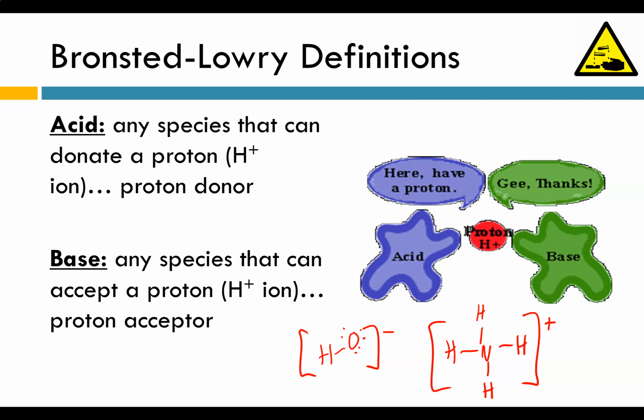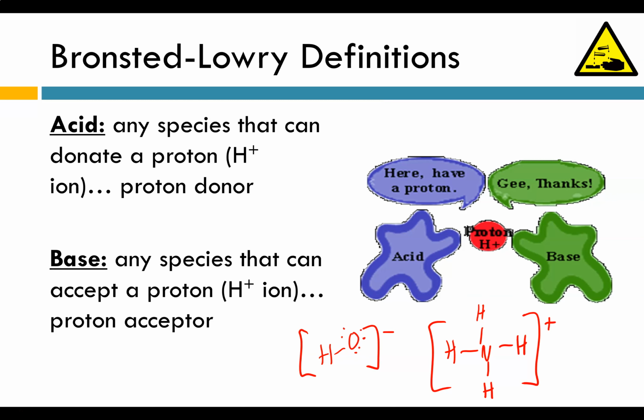Look at what's produced when water loses a proton. We're left with a hydroxide ion. We know that when hydroxide is in solution, we end up with a substance that behaves as a base. It's going to have a high pH, for example. So our Bronsted-Lowry bases still end up producing hydroxide. They just do it in this roundabout fashion, usually by deprotonating water.